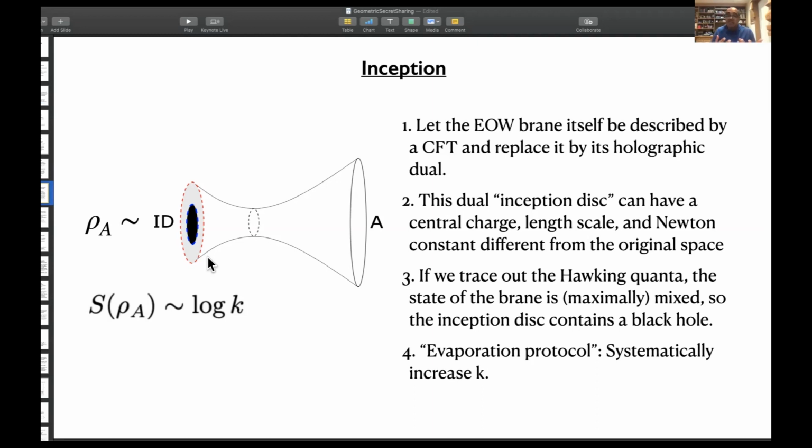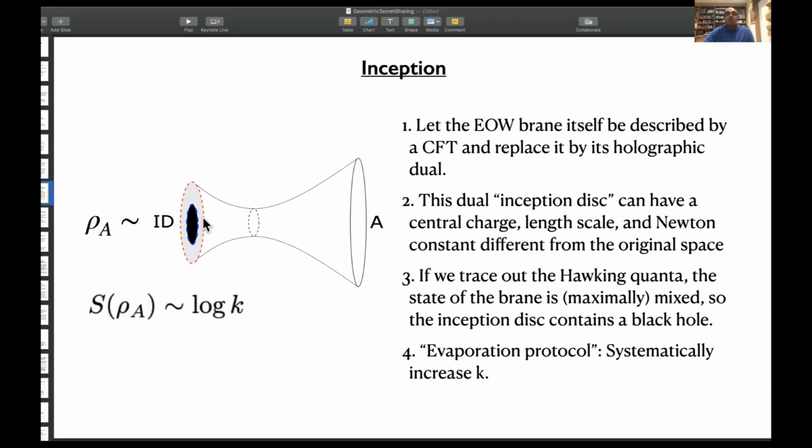In many of these cases, the low energy theory of those D-branes is a conformal field theory. So we're going to take this to be a conformal field theory. And if you don't like that justification, you can think about this as a continuing toy model that's being developed here. Fine. So we take that CFT, and because we're going to take its central charge to be large, we replace the CFT here on the dotted line by its own holographic dual.